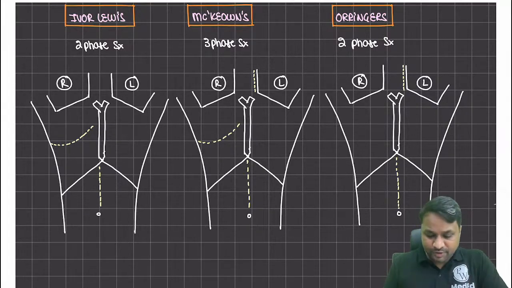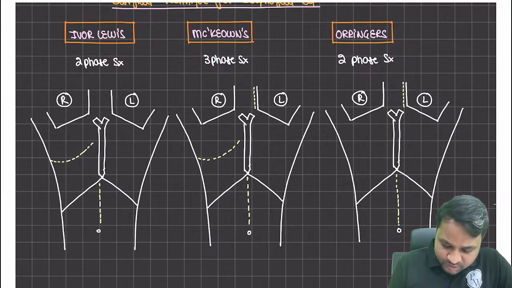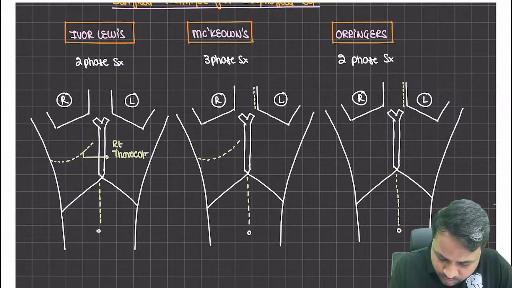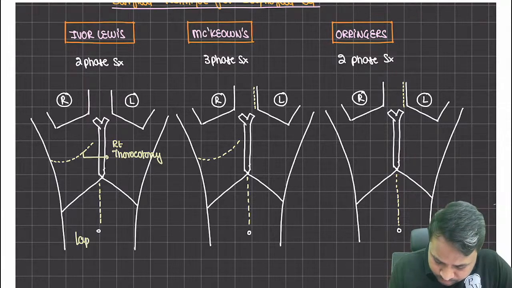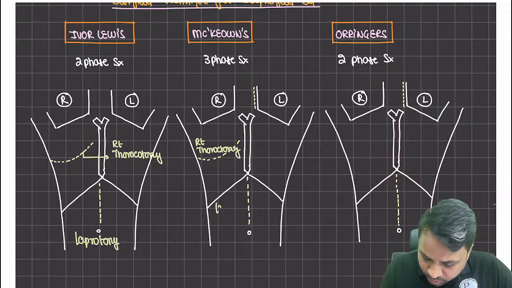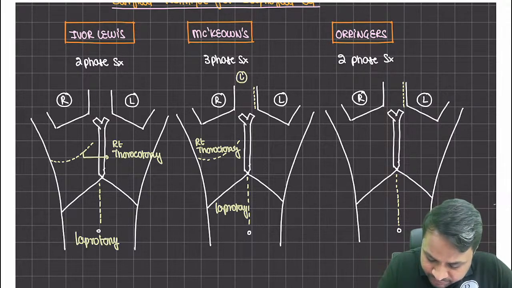So what are the two incisions in Ivor-Lewis? One, you have the right thoracotomy. Another one is your laparotomy. In three-phase, you have the right thoracotomy, you are doing a laparotomy, and then you're doing a left cervical incision.